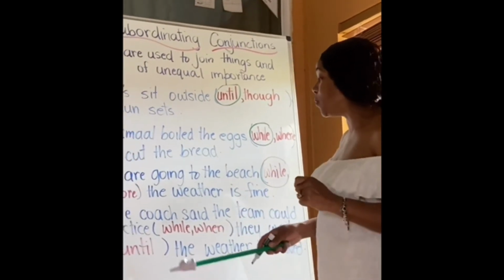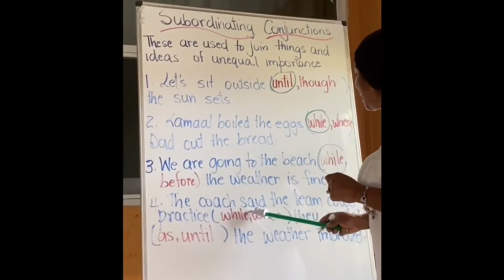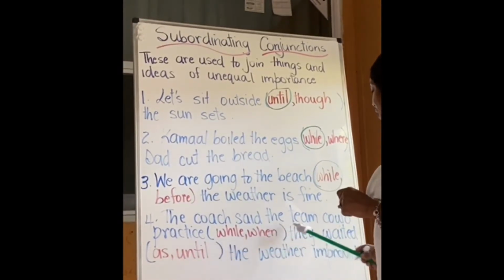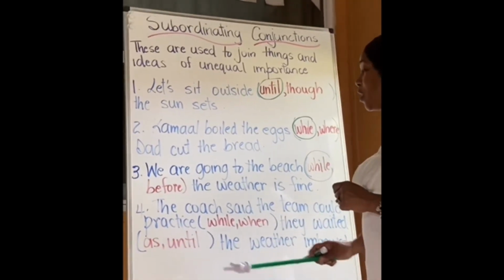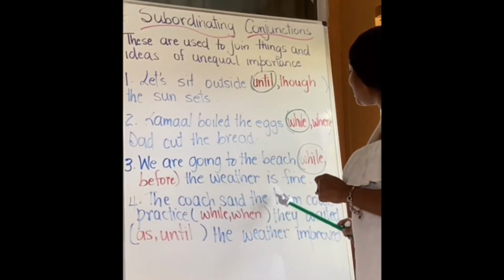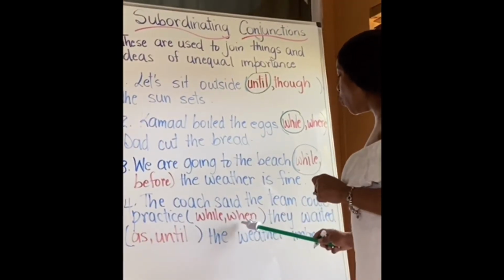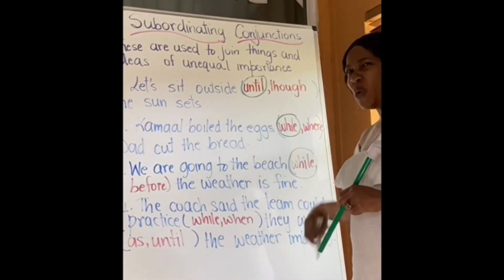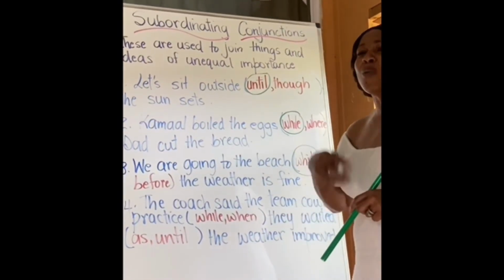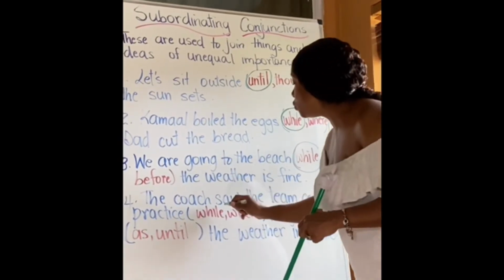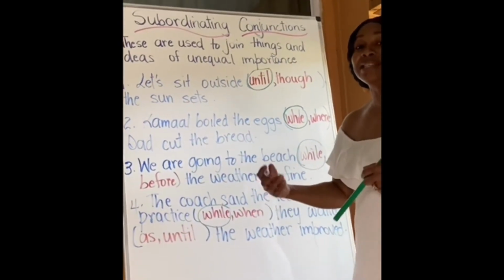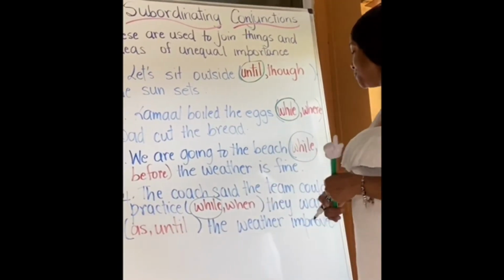The coach said the team could practice while they waited, or the coach said the team could practice when they waited. When would they practice? Is it when they waited, or would it be while they are waiting? It would be while they are waiting, so use that time to practice.